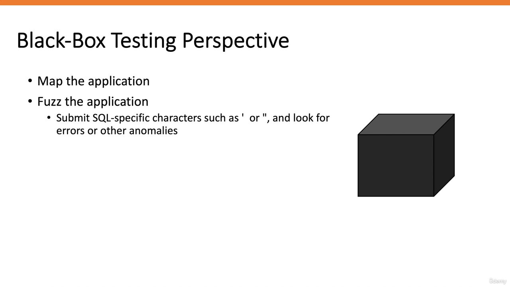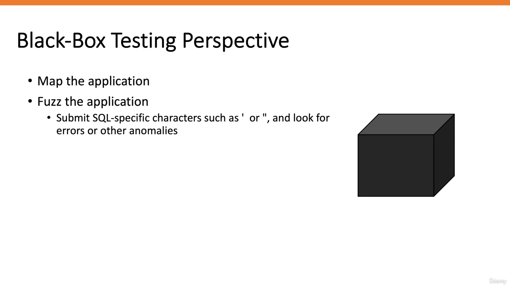Depending on how the application responds, you start refining your query until you achieve your end goal. That's what makes you different from a scanner, because a scanner just throws a bunch of input at the application. You as a human being are capable of understanding the output of the SQL injection, and so you're able to refine your SQL injection using multiple requests until you actually achieve your goal. We'll see how to do that in the exploitation section of this video.